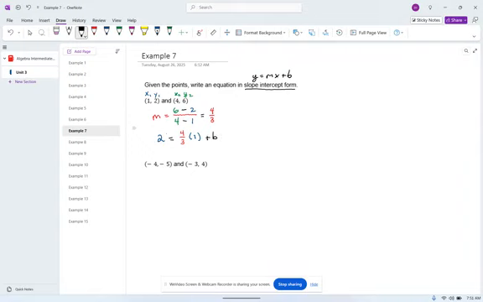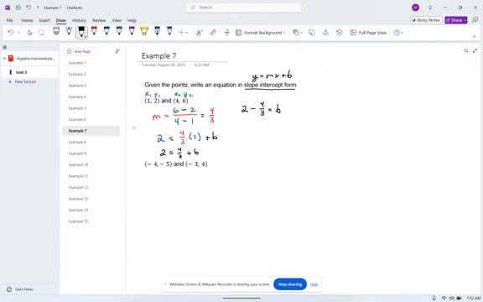Okay, 4/3 times 1 is 4/3. And so we can rewrite this as 2 equals 4/3 plus b. And then we'll have 2 minus 4/3 equals b.